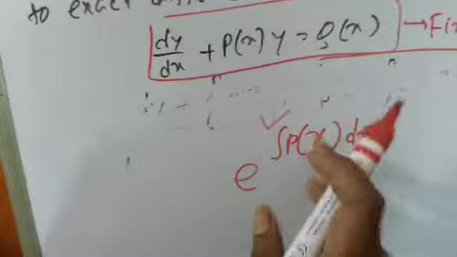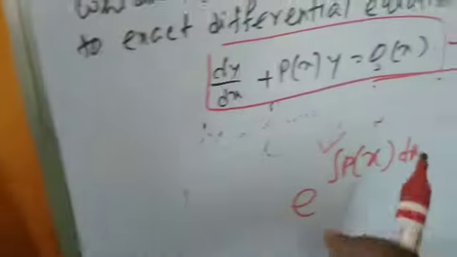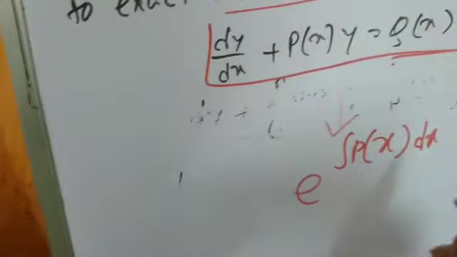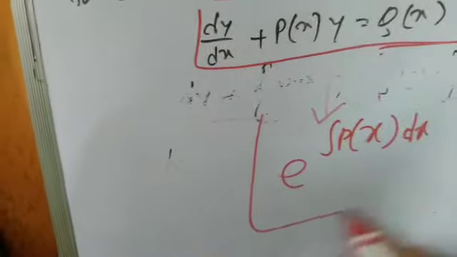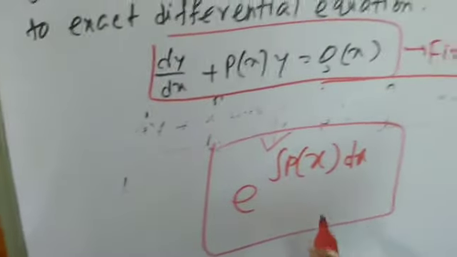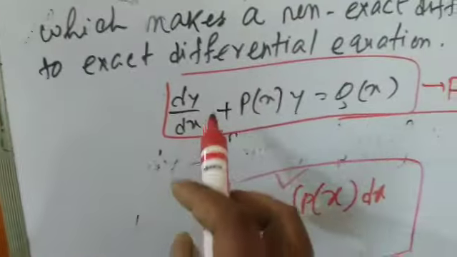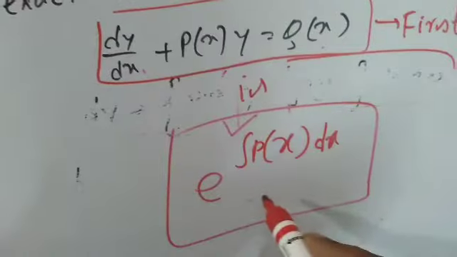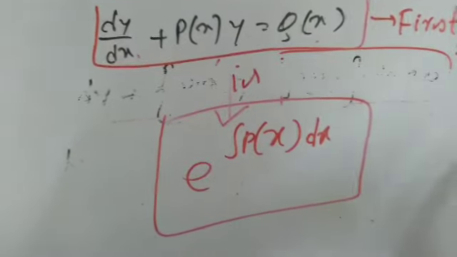If we multiply the equation by e^(∫P(x)dx), we can say that this equation is exact. So we can say that the integrating factor of the linear differential equation dy/dx + P(x)y = Q(x) is e^(∫P(x)dx). Thank you.